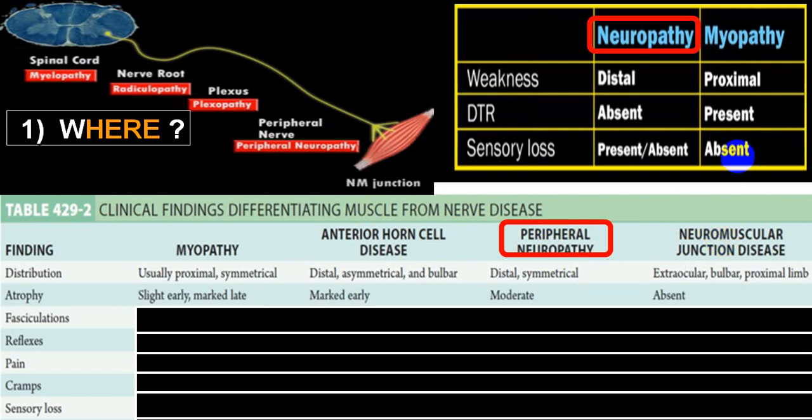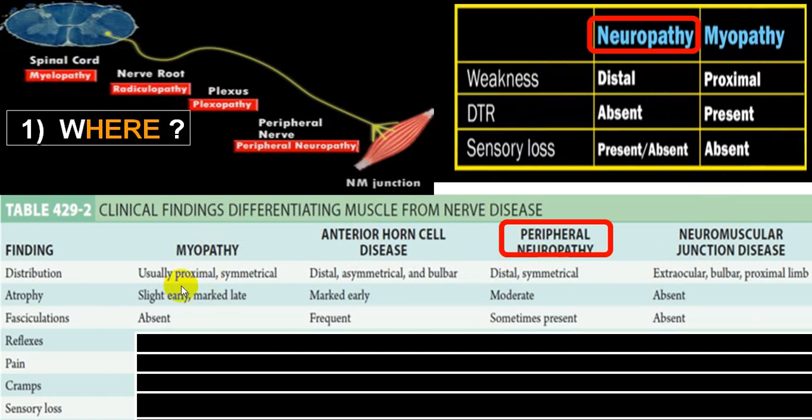As far as atrophy is concerned, you will come across it in anterior horn cell lesion, which is a lower motor neuron type of damage, as well as in peripheral neuropathy, which is also a lower motor neuron type. But in neuromuscular junction and myopathy it is not affected, though in late stages you might have a little amount of atrophy. Fasciculation will be present classically in case of anterior horn cell, very common.